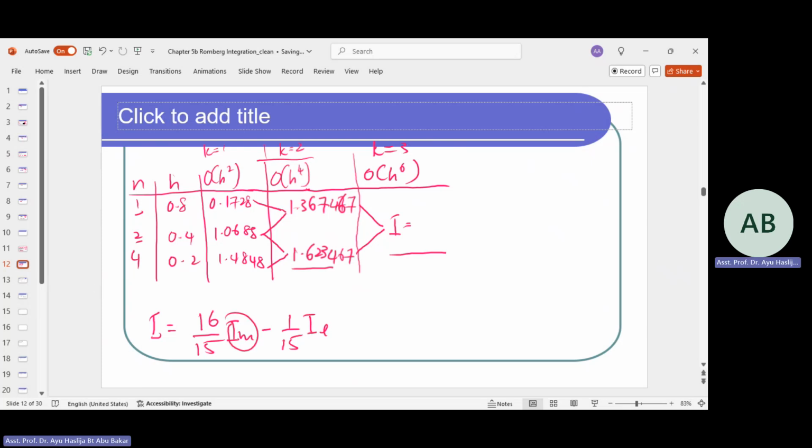I_m, the more accurate, is 16 over 15 over here. I_l is the less accurate.